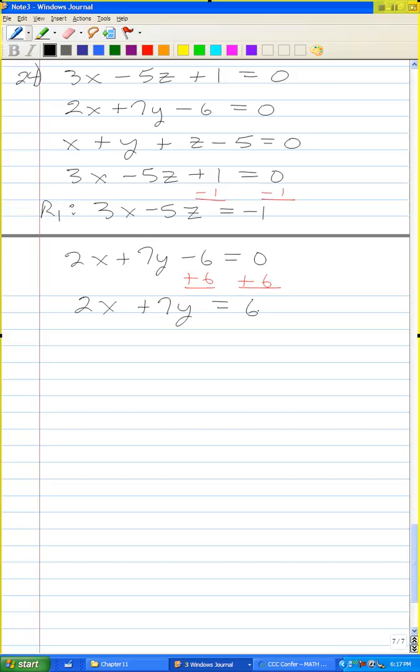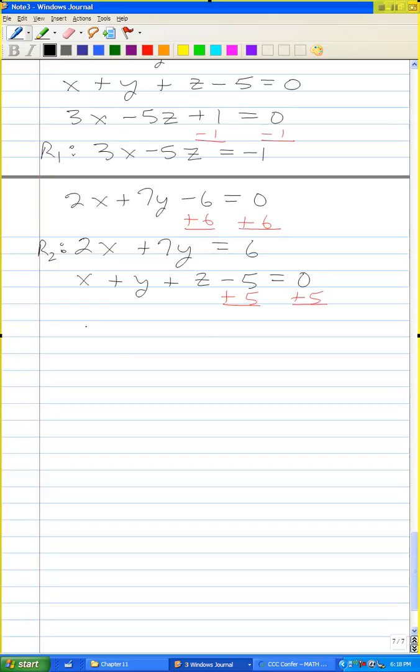So again, now the only x, y's, and z's are on the left-hand side, so I'll call this R2. And lastly, let's take my last equation and let me add 5 to both sides of my equation. And so x plus y plus z equals 5.